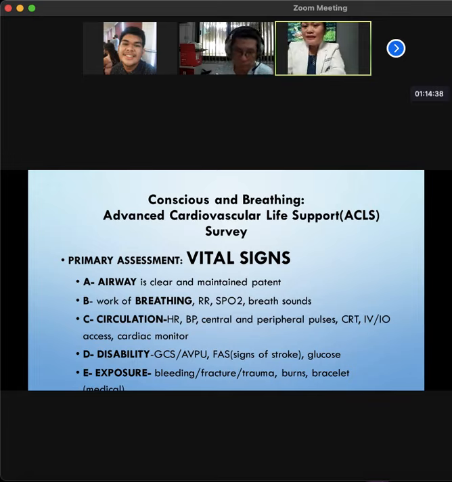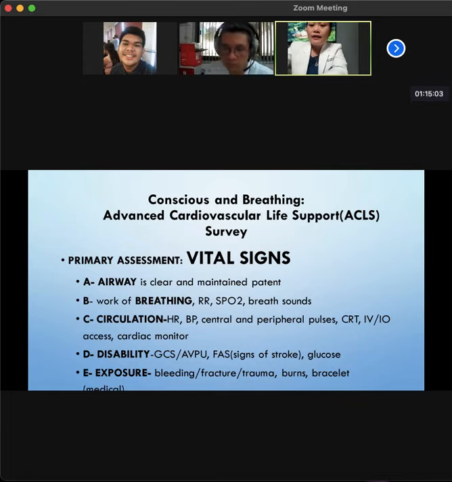Tapos yung FAST, yung facial asymmetry, arm weakness, or slurred speech. Those are the signs of stroke. And also, you have to check the glucose of your patient. Some patients are being unconscious due to hypoglycemia only. So you have to check also.